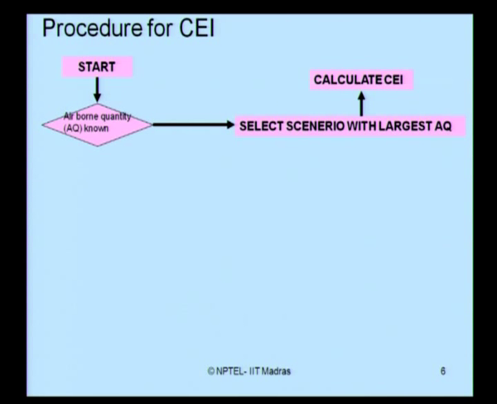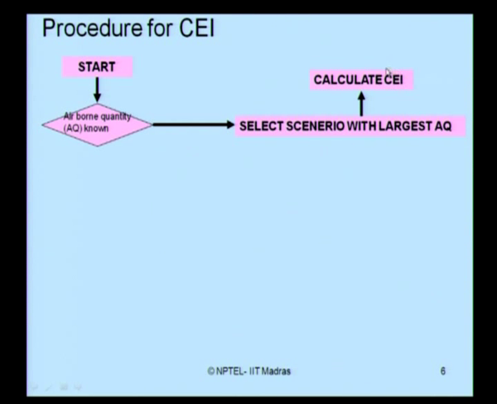Now, you may wonder, how do I compute the airborne quantity for a specific chemical expected to be released in the environment? I am coming to those equations later, but if you have many such hazardous scenarios which will release chemicals in air, then select the scenario with the largest AQ and compute the chemical exposure index number based on it.